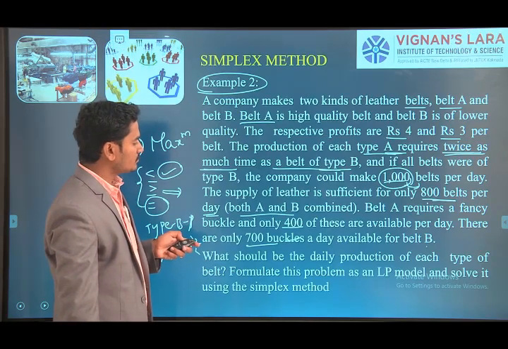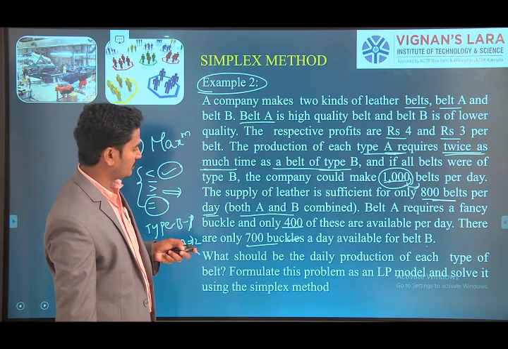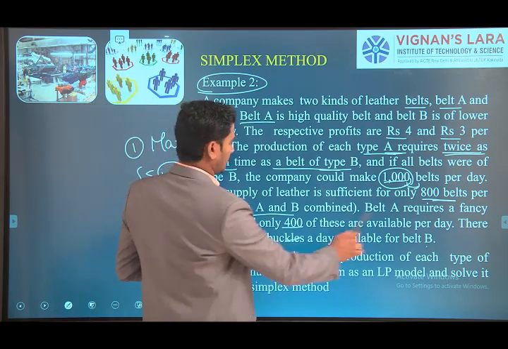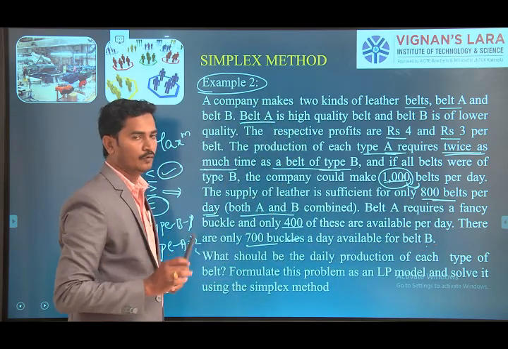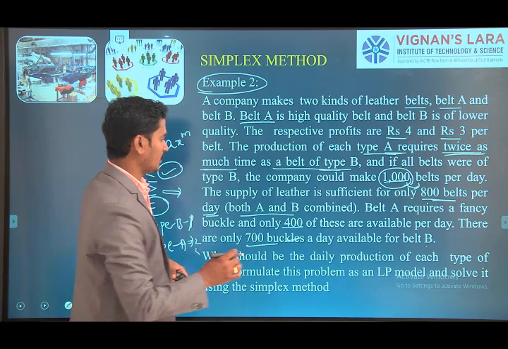Next, coming to the buckles. Belt A requires a fancy buckle, and only 400 are available.